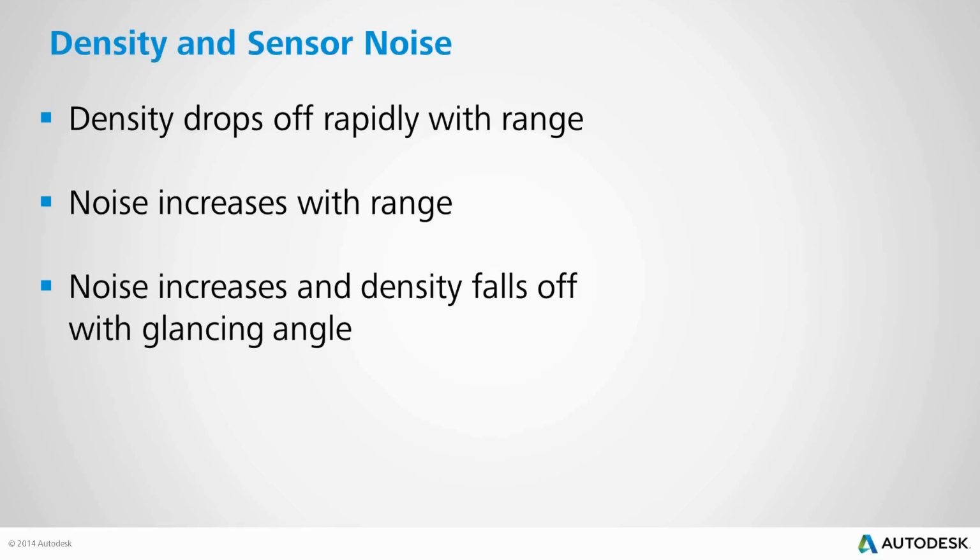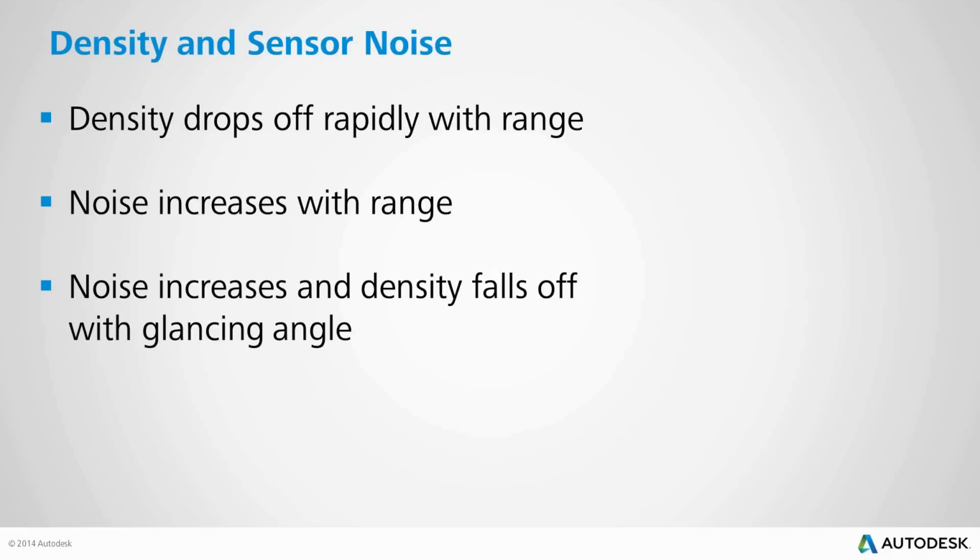But as you're measuring that floor out 3 meters, 5 meters, 10 meters, and so on, the angle relative to that surface is changing significantly, and the noise and the density definitely are affected by that. So you get a lot more noise and a lot less density as you get further out.